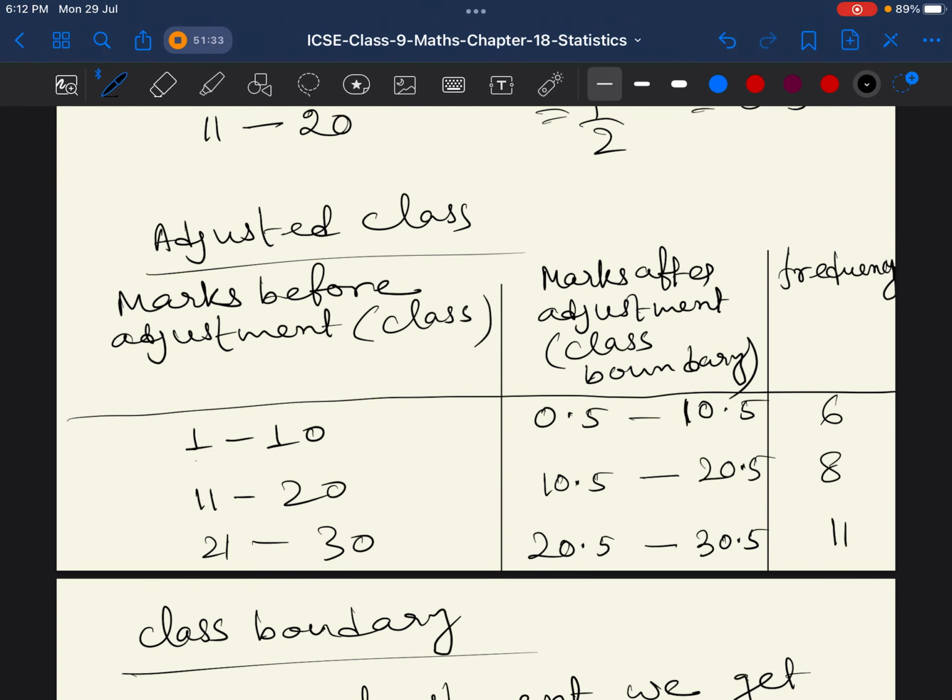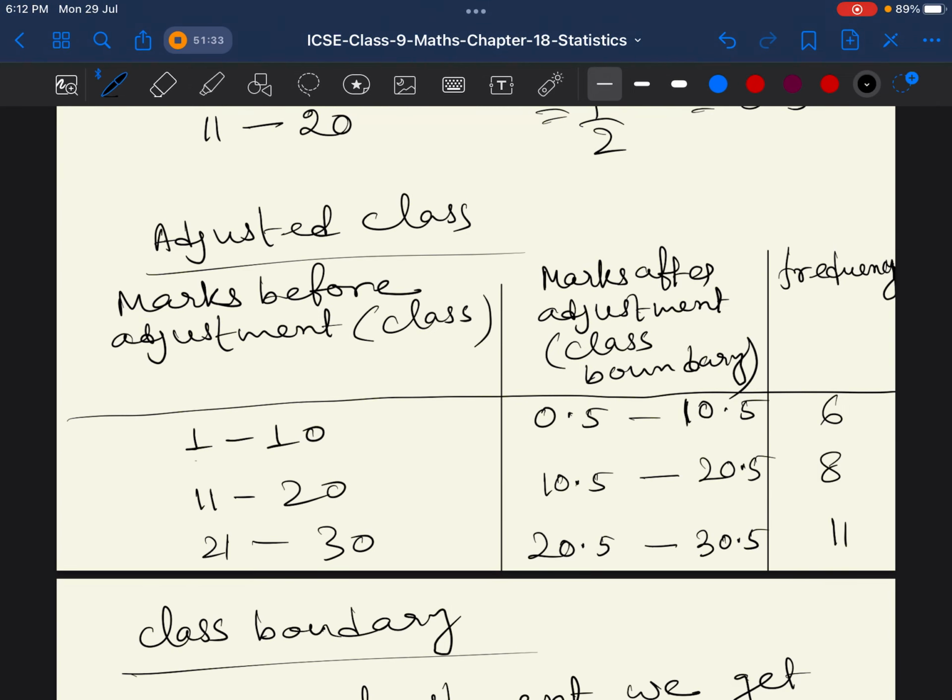So class size equals actual upper limit minus actual lower limit. 10.5 minus 0.5, so class size is 10.